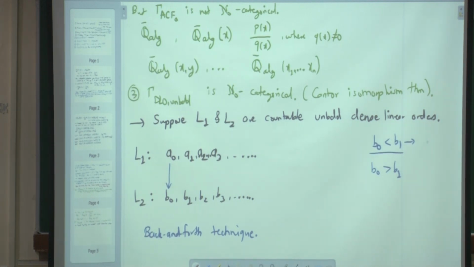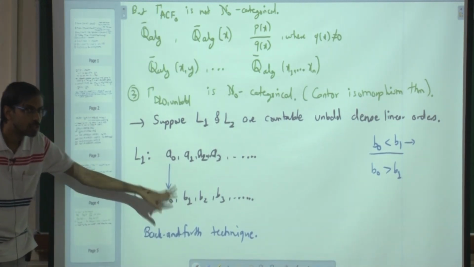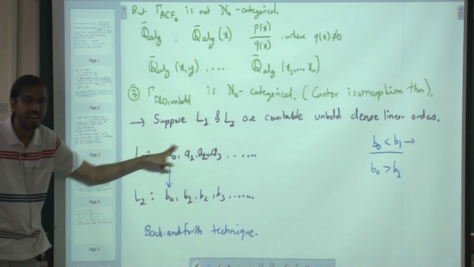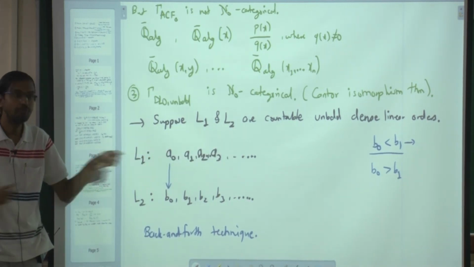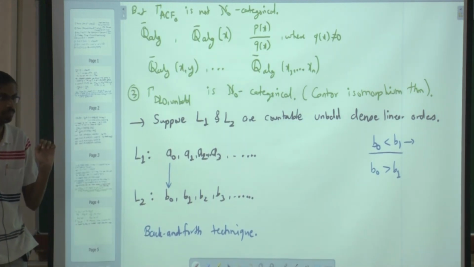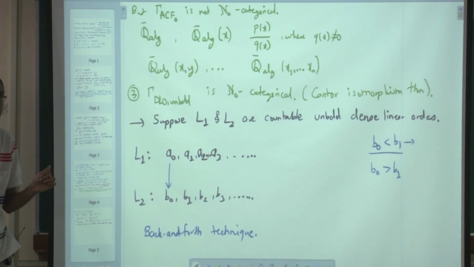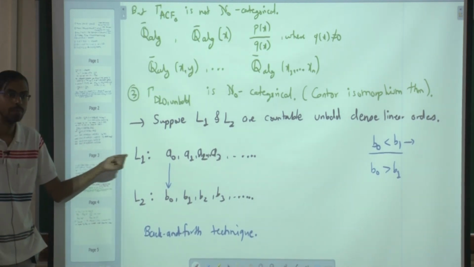A0 is paired with B0. Now B1 is bigger. So in this list, I find the first element which is bigger than A0. Why does it exist? Because it is unbounded.